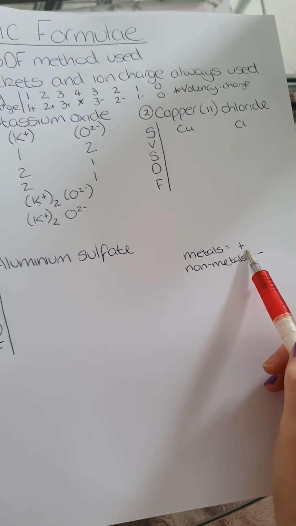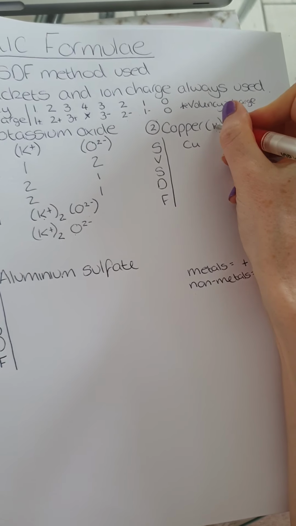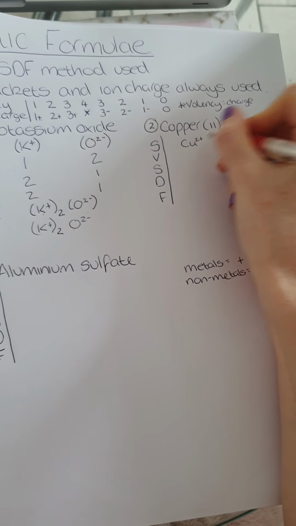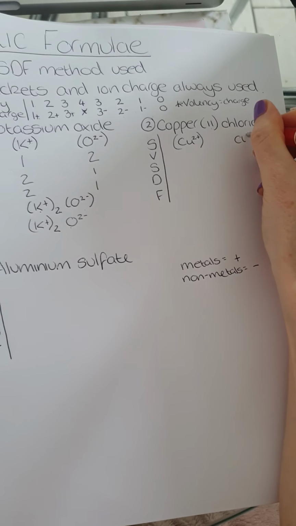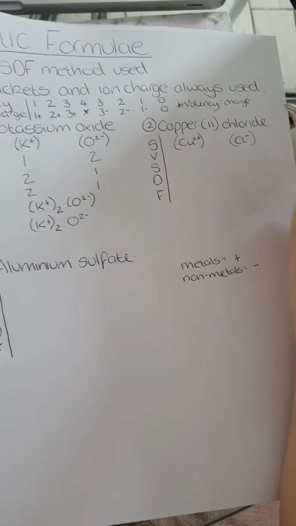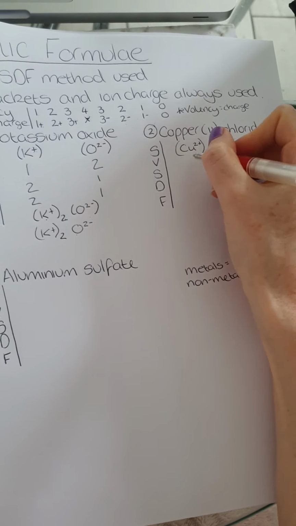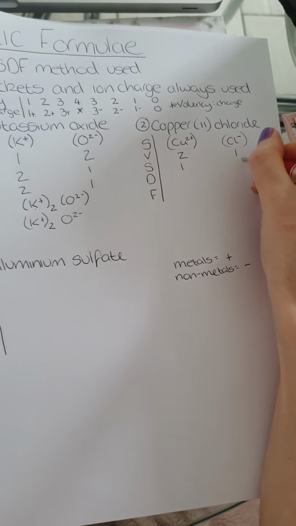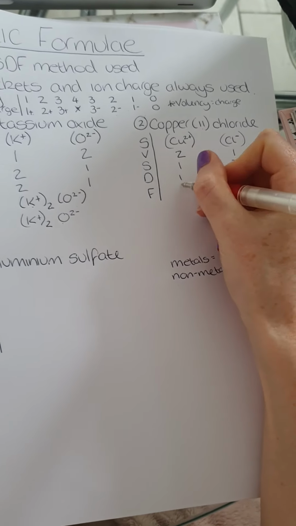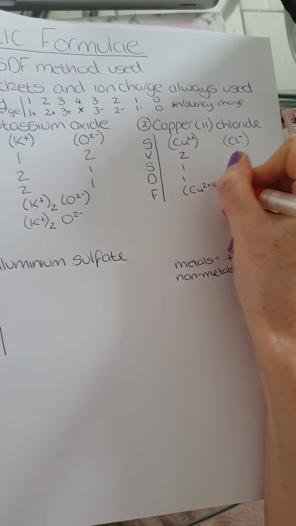Metals are always positive. So the charge is 2 positive. Put it in brackets. Chlorine, group 7, so is 1 negative. And same as before, so valency is 2, chlorine's 1. Swap them.